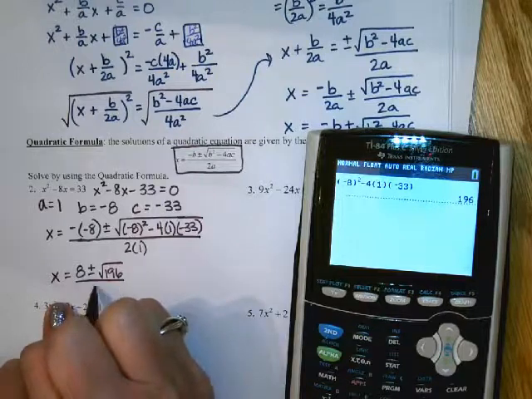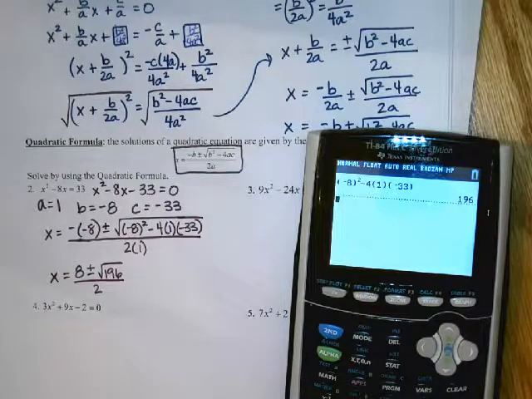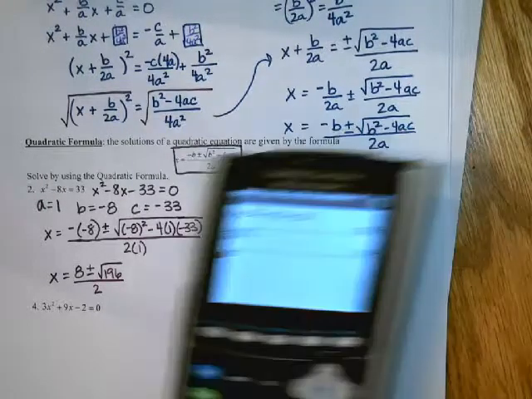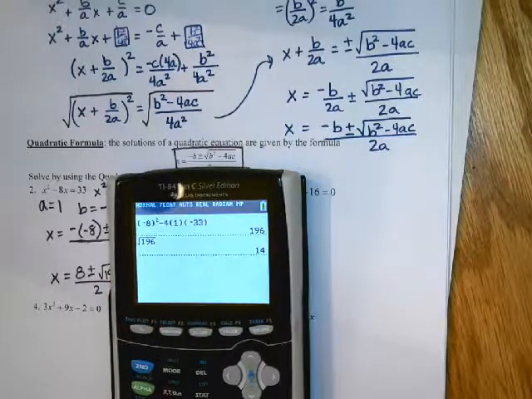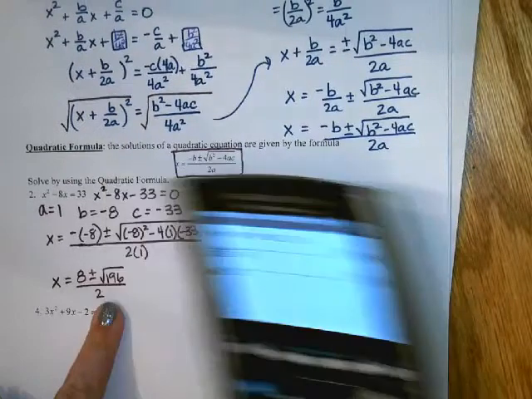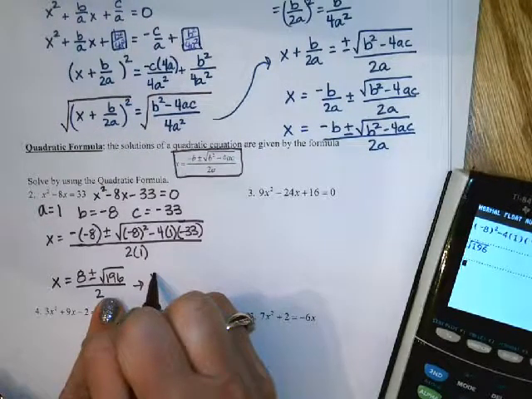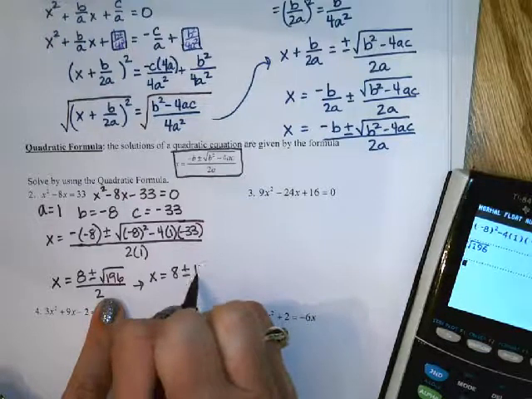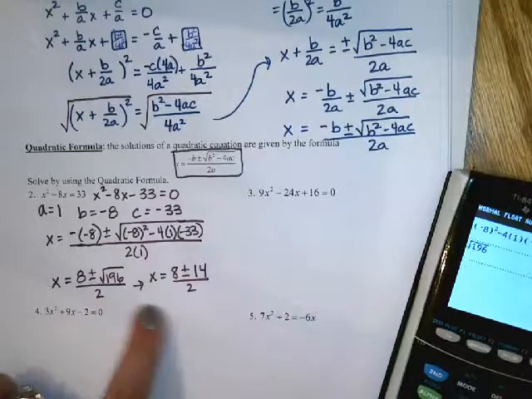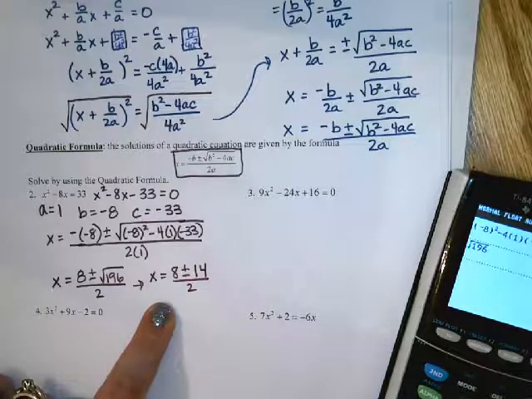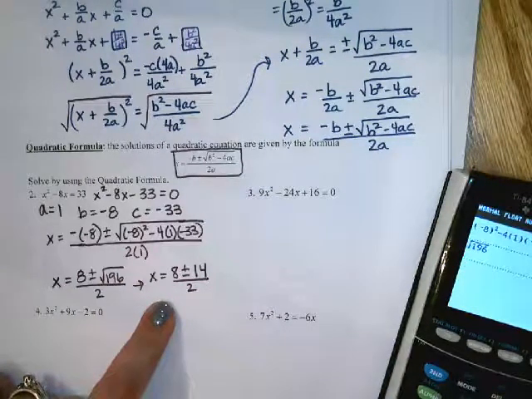Sometimes it'll work out, like the square root of 196. That's one that we actually know, and you feel like, really? Try it. See, it's 14. If it didn't work out, then you would factor tree it. So here's what I have. I have x equals 8 plus or minus 14 all over 2. This guy works out, so let's actually figure out what 8 plus 14 divided by 2 is.